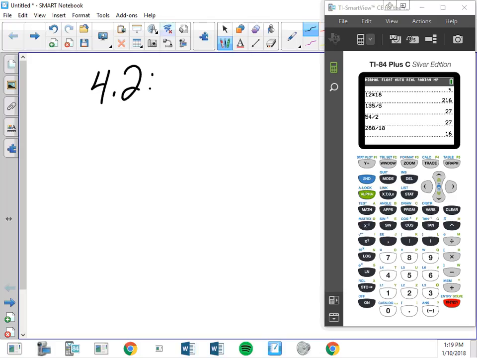We are going to do 3 through 10 all, and then 13 through 16, all, and then 21 and 22.